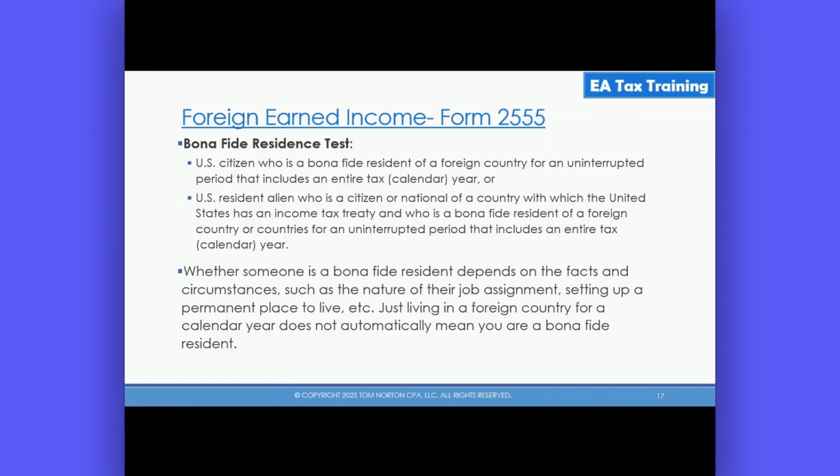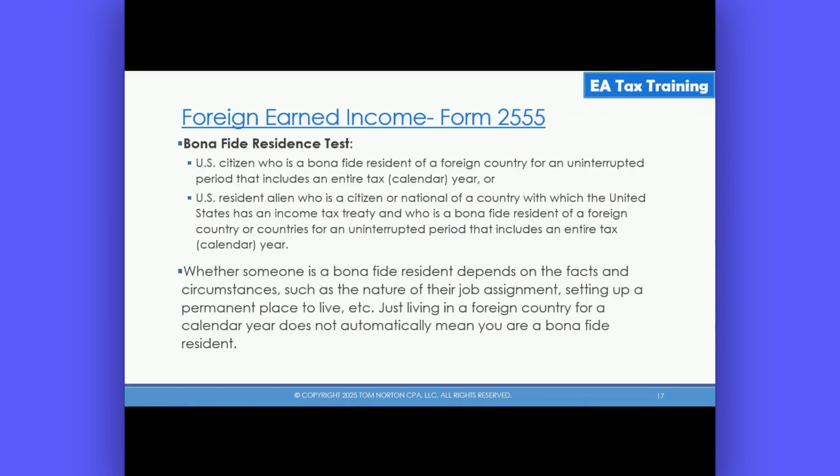Once you've established that your tax home is in a foreign country, then you have to meet one of those two tests. The first test is the bona fide residence test. For a U.S. citizen, you qualify for this test if you are a bona fide resident of a foreign country for an uninterrupted period that includes an entire tax year, an entire calendar year. That's the first way.